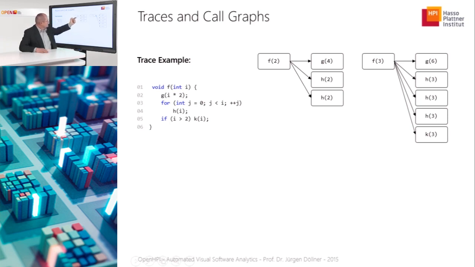According to the test data filled in, we get different call graphs because we have different control flows in the system. Both examples are traces, so we have two traces. We have two call graphs, and we can now better comprehend the control flow of this little example.